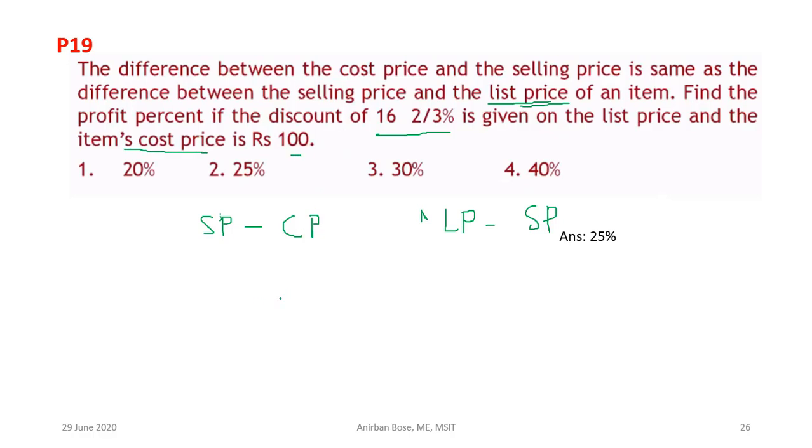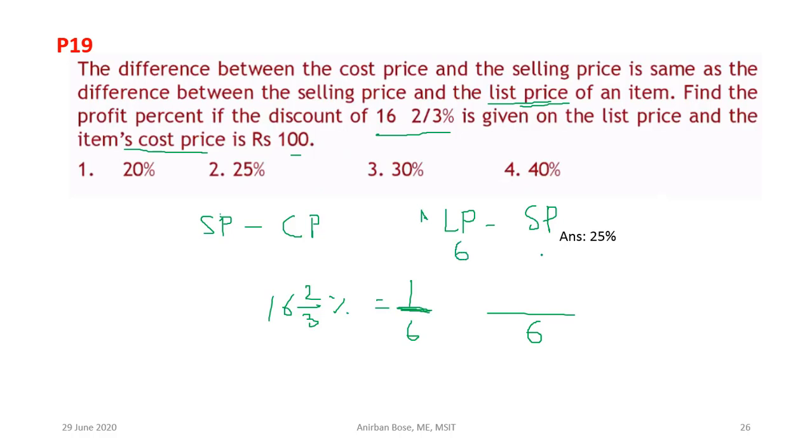So what is 16 2/3%? 16 2/3% is nothing but 1/6. So if 1/6 is the discount, we consider 6 as the list price.